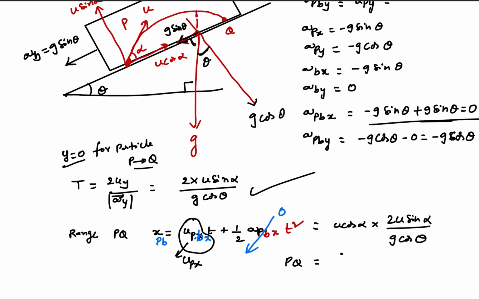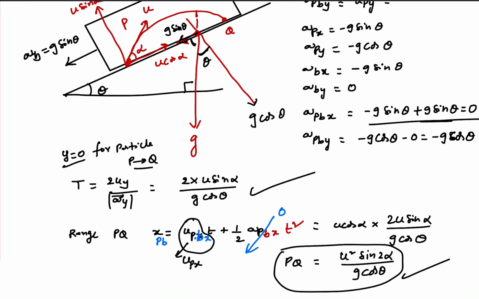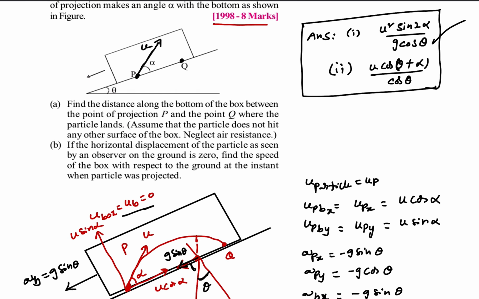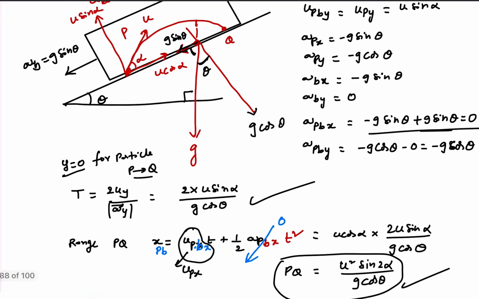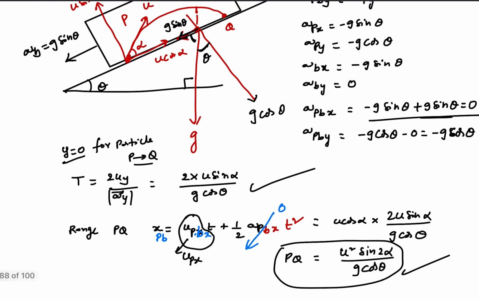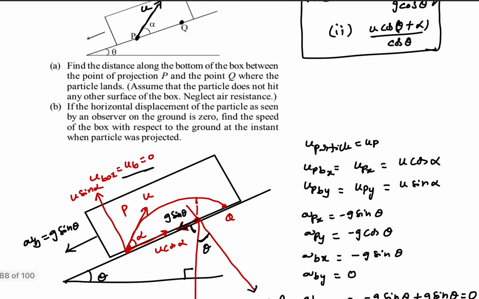So finally the range PQ is u squared sin 2 alpha divided by g cos theta. This is the answer to the first question.